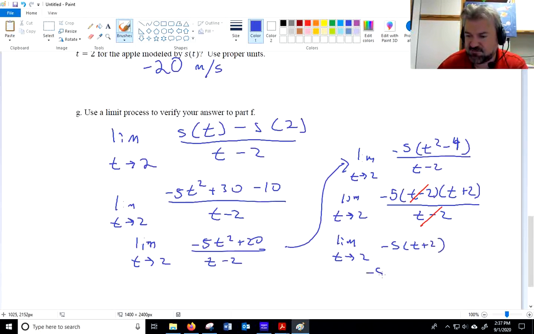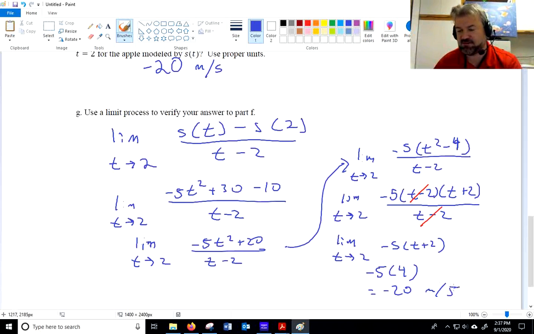I'll plug in. I have negative 5 times 2 plus 2 is 4, and I get negative 20 meters per second. So our guess was correct. That is the correct value for this instantaneous velocity. That is the slope of the tangent line there.